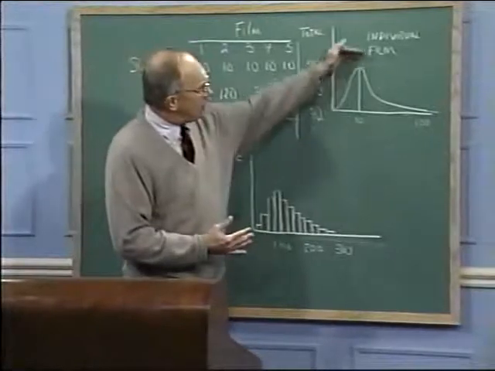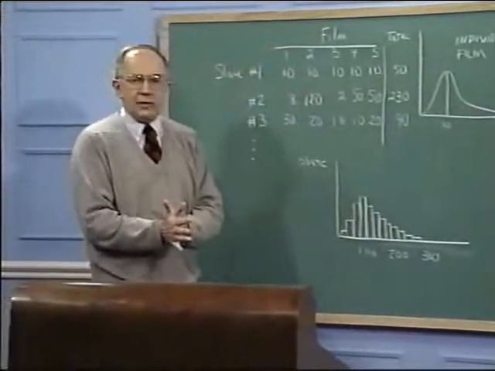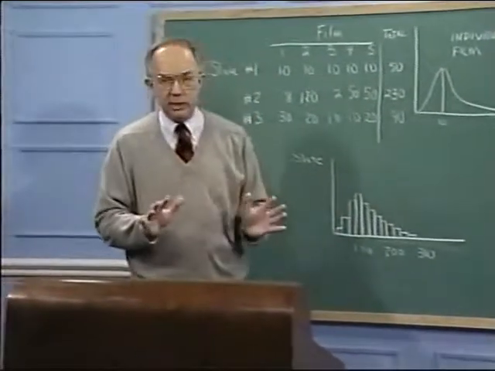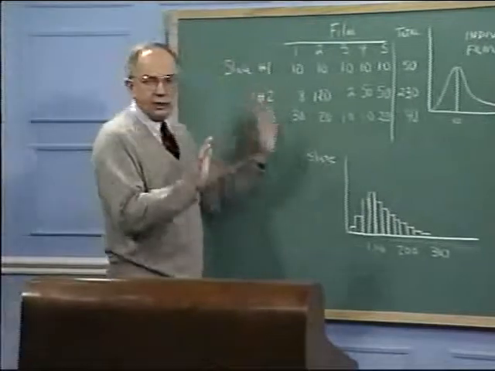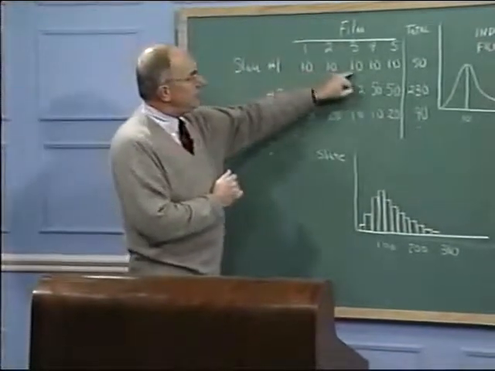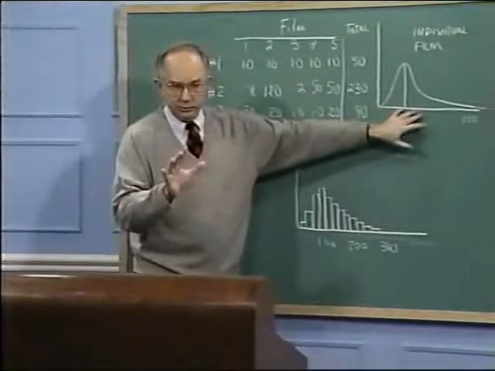So this describes the individual film assumption that stands in my model that I'm going to use as a basis for building my simulation. Now let's back off and take a look at what I'm doing here. Behind each of these cells stands this distribution.